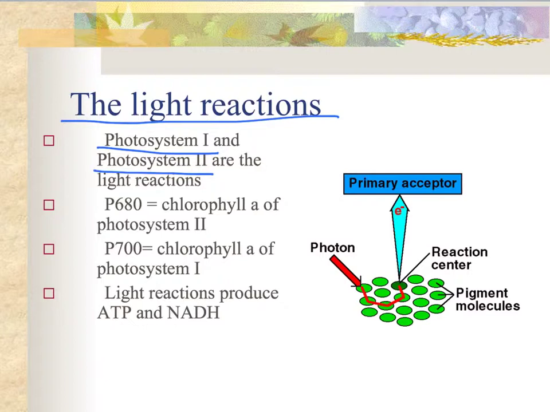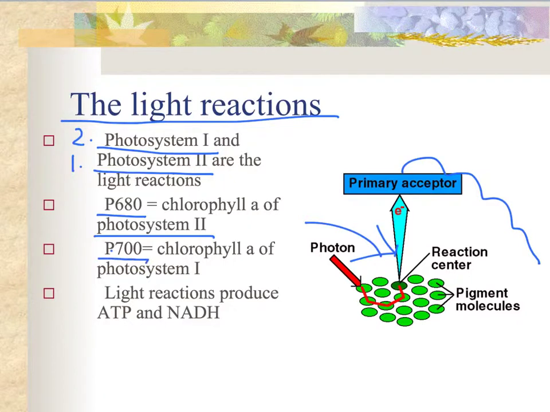They were named in the order that they were discovered but this one actually occurs first and that one occurs second. So P680 is excited first here in photosystem 2. Then that primary acceptor sends the electrons down the electron transport chain, and there P700, same thing happens here. It's excited and an electron jumps out of its orbit.